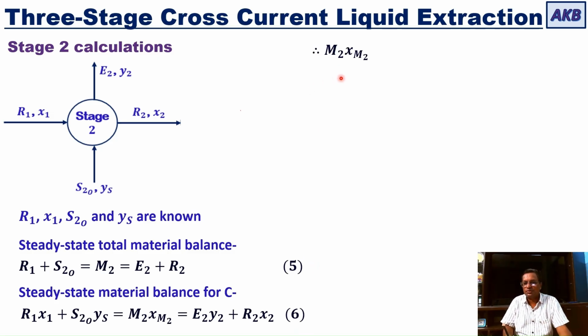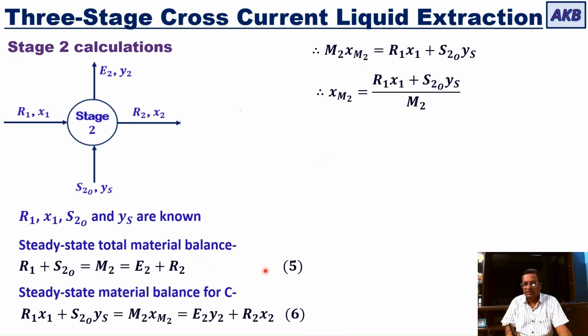From equation 6, I can write M2 into XM2 equals R1 into X1 plus S20 into Ys, that is, XM2 equals R1 into X1 plus S20 into Ys divided by M2. From equation number 5, I can write the expression for M2.